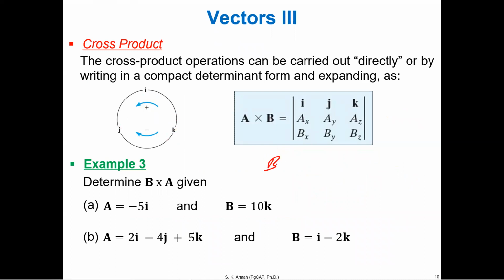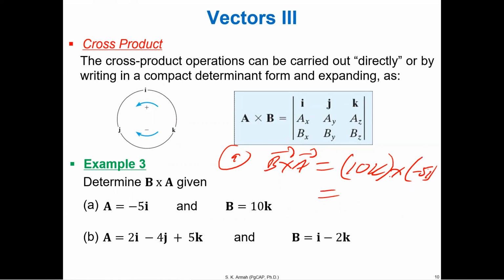So B cross A, which was 10K cross minus 5I, we had this to be negative 50J. Okay, negative 50J.